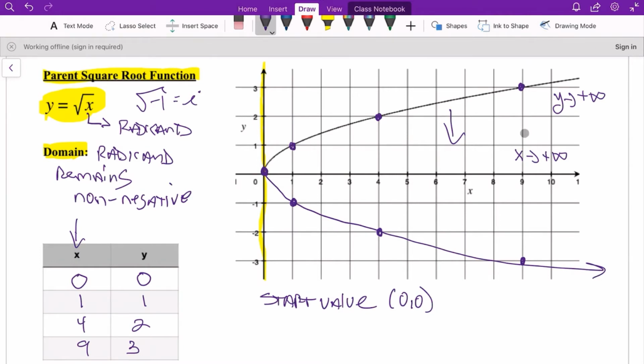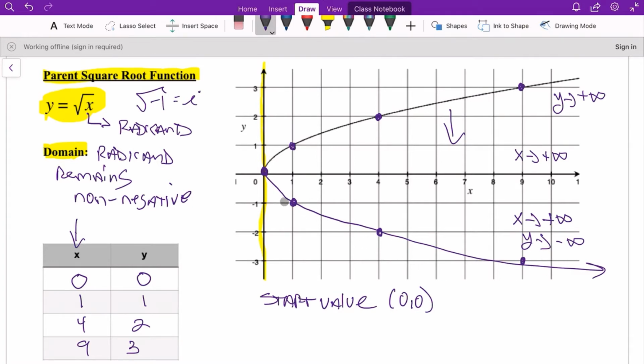X would still be going to positive infinity, and in this case, this graph is going out and down, so the y values would be going to negative infinity. All right, and what creates this reflection, we're going to talk about in a minute.